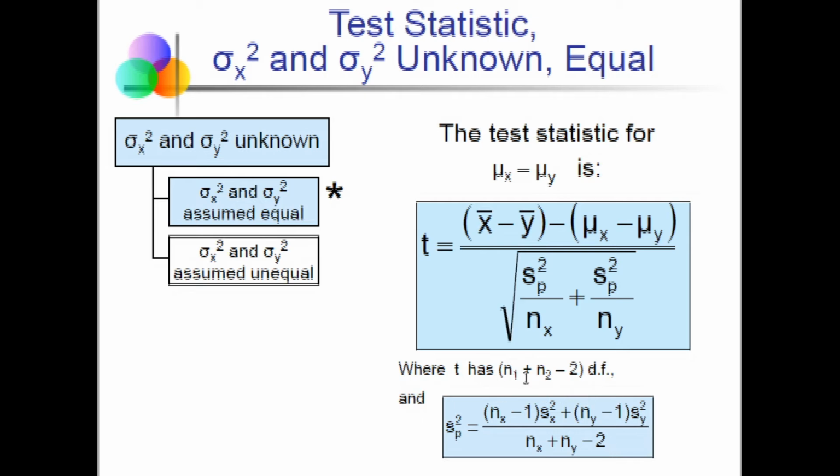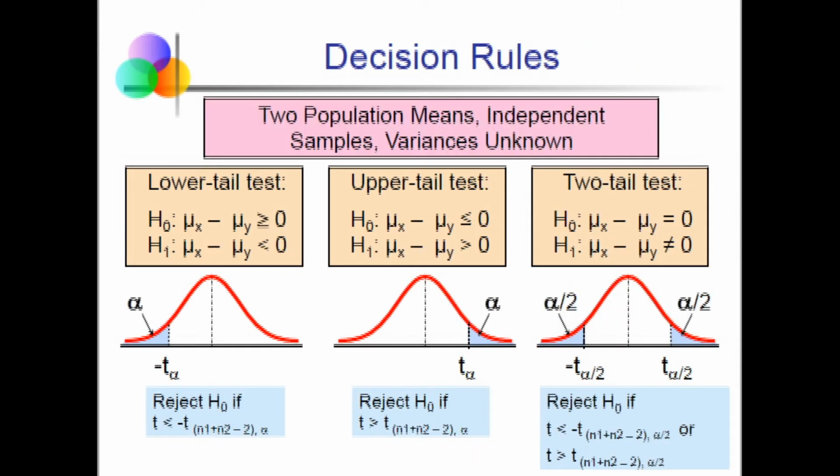That shows the decision rules, the rejection areas and the areas in which you fail to reject for the lower tail test, upper tail test, and the two-tailed test.